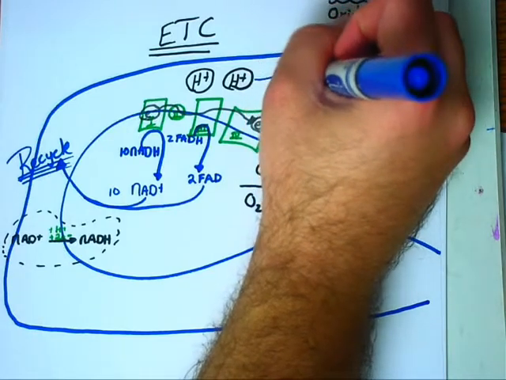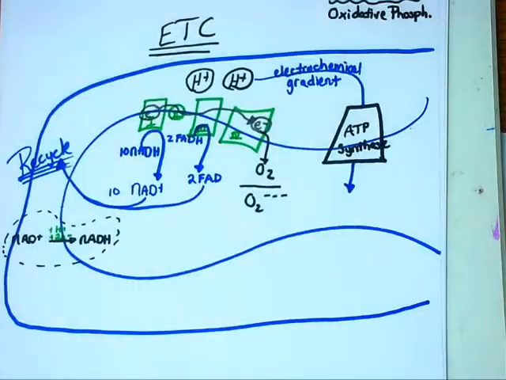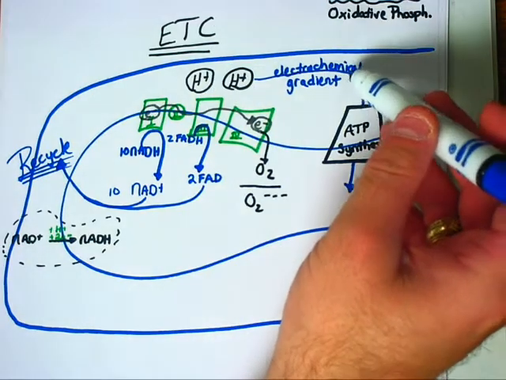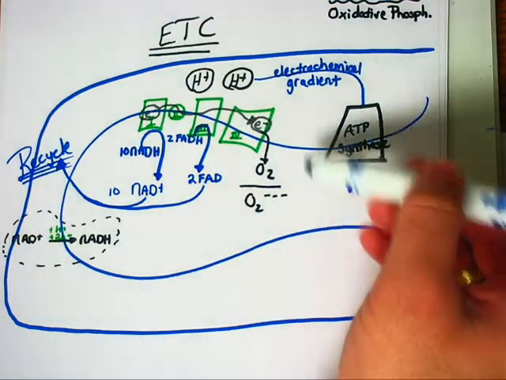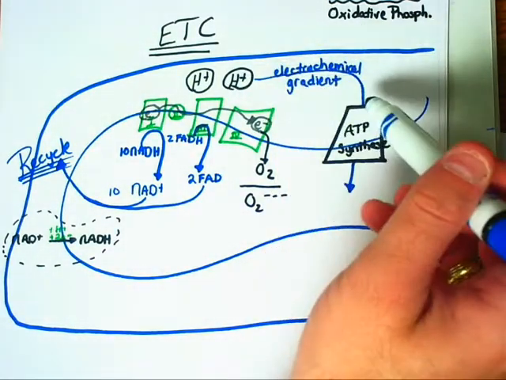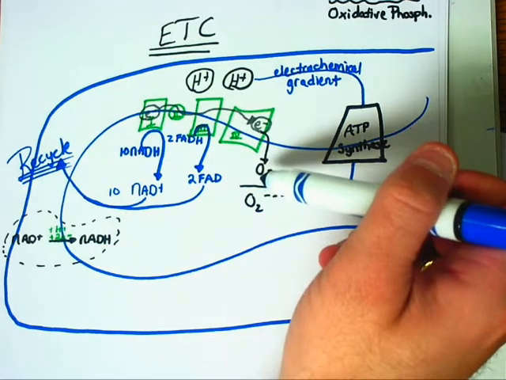What two pieces make up an electrochemical gradient? I'll give you a hint. It's in the name. Electrical and then chemical. There's a lot of H's on the outside in this space. Where do they want to go? The inside. There's a lot of positive in this space. Where does a lot of positive want to go? To the negative on the inside. Electrochemical.